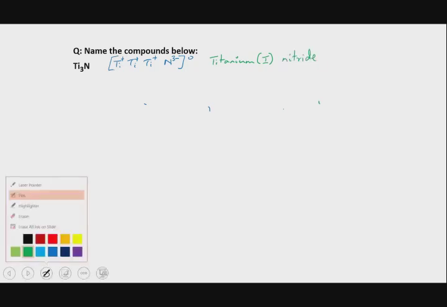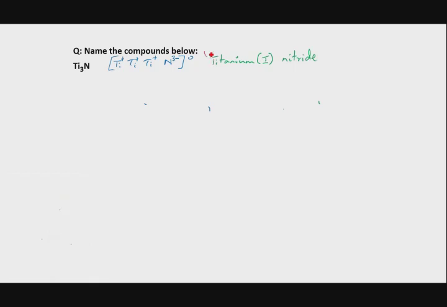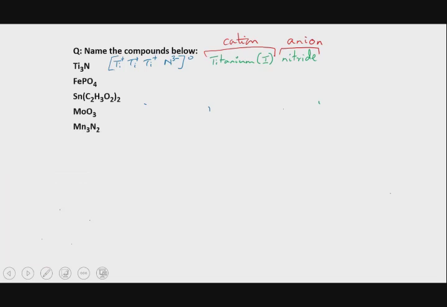Once again, I would like to point out to you that this is the name of the cation together with the Roman number, because that gives the magnitude of the charge on one cation, and this is therefore the name of the anion. Okay, go ahead, pause the recording and name the following compounds following these steps.